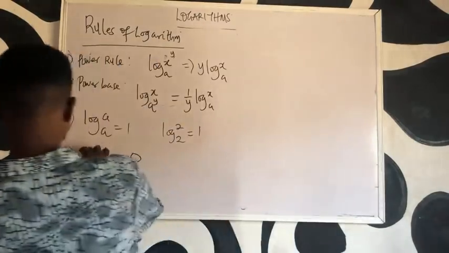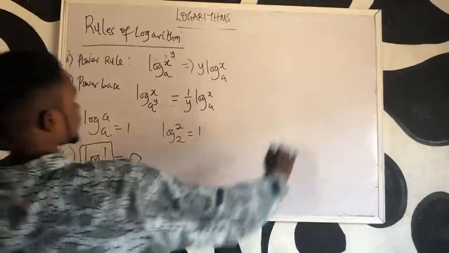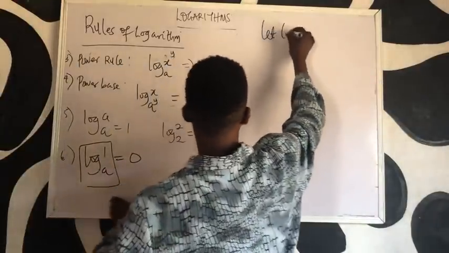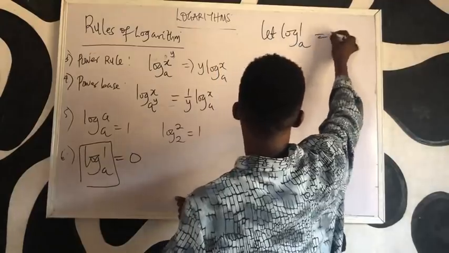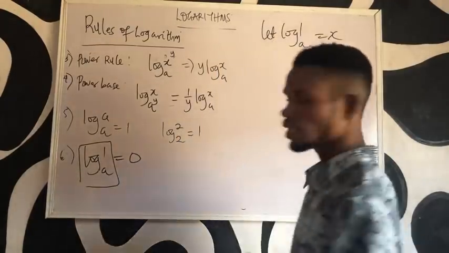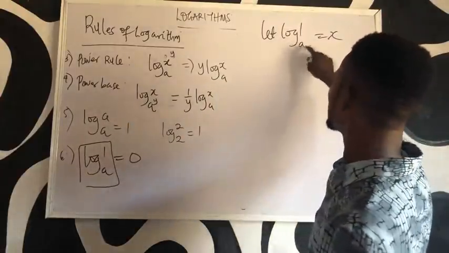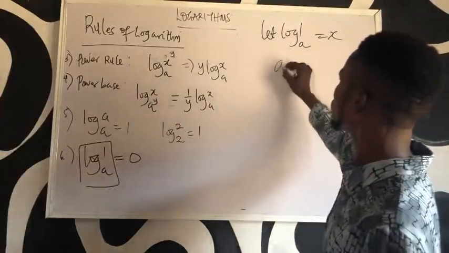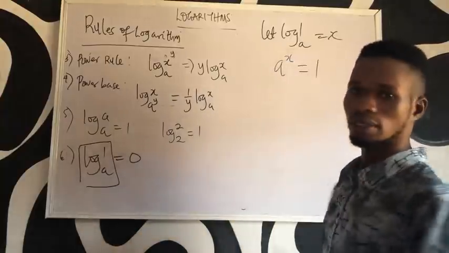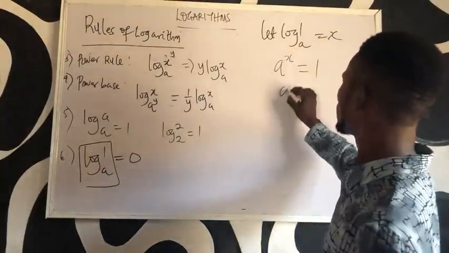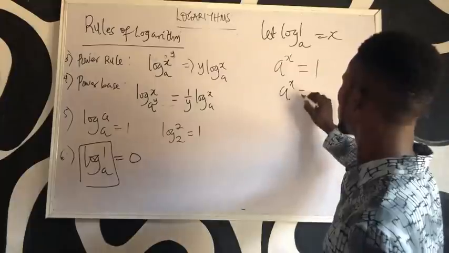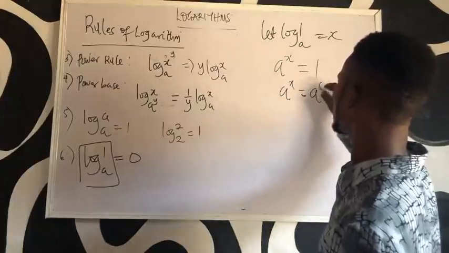Let log 1 base a be x. If log 1 base a is x, and remember that the logarithm of a number is that power to which the base must be raised, that's a raised power x is 1, which is the same thing as a raised power 0. Let's take 1 as a index of 0, a raised power 0.